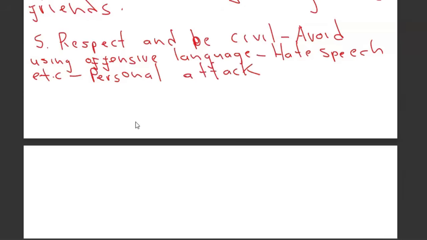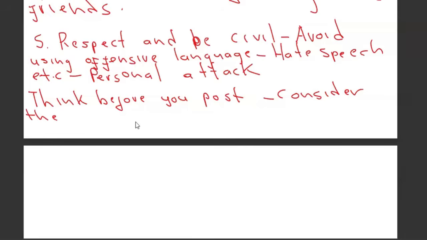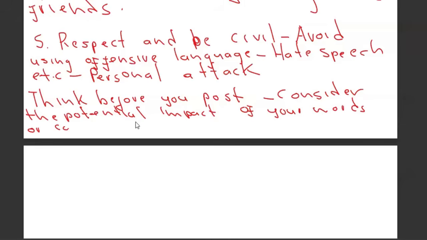The second thing, think before you post. You must think carefully before you post. Consider the potential impact of your words or content.